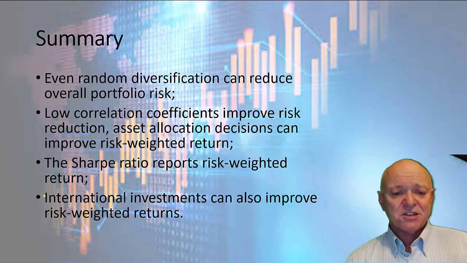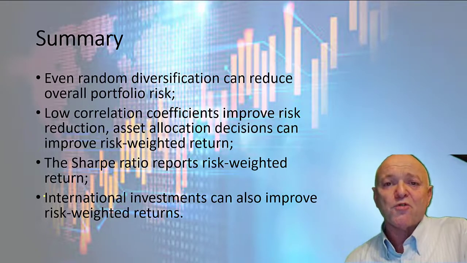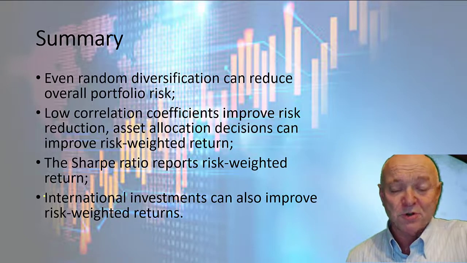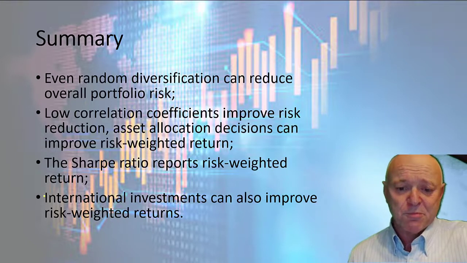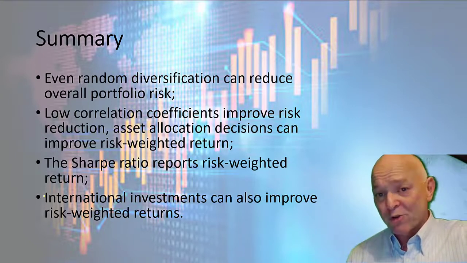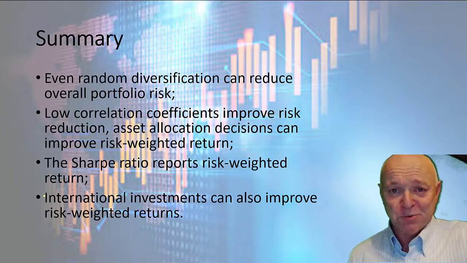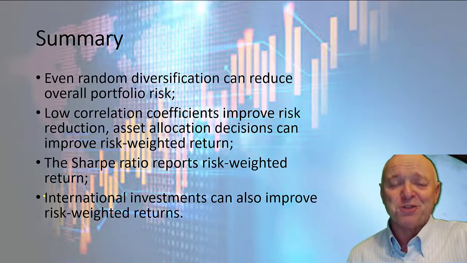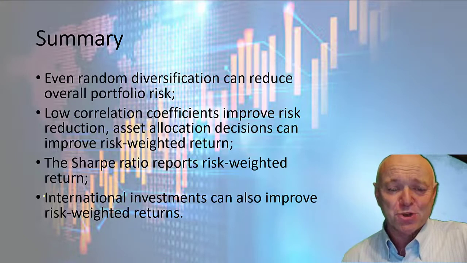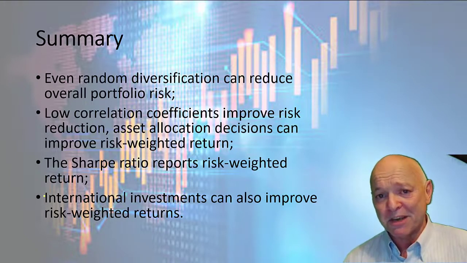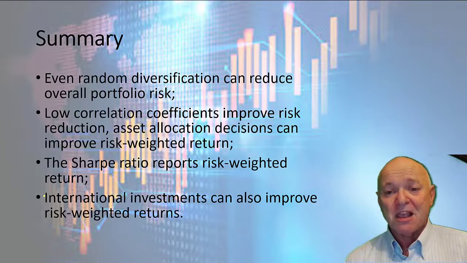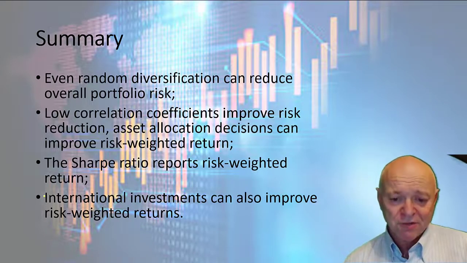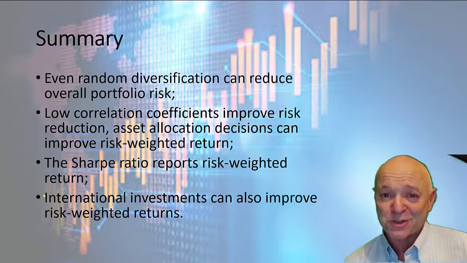Our asset allocation decisions basically can improve the overall risk-weighted return of our portfolio, which we describe with the Sharpe ratio. Essentially, it's the most common way of reporting risk-weighted return. Later on in the course, we'll look at some variations on the Sharpe ratio. Just about every other important economist has produced their own measure, but they all work with the same idea. We need to find a risk weighting that's going to help us better compare the rate of return of different portfolios. And of course, we saw that international investments can help improve risk-weighted returns.